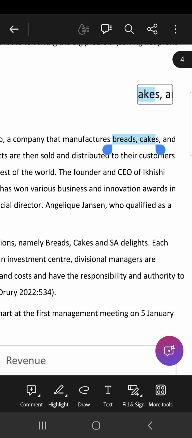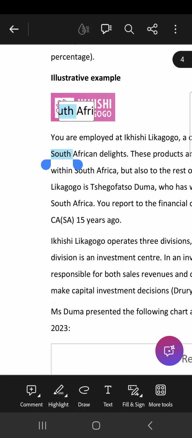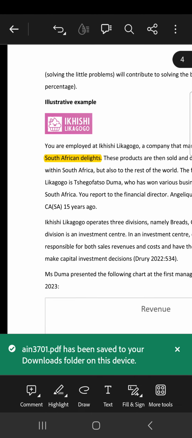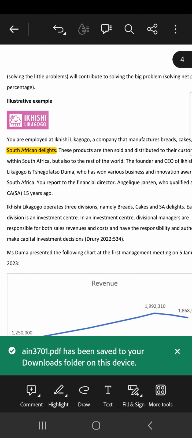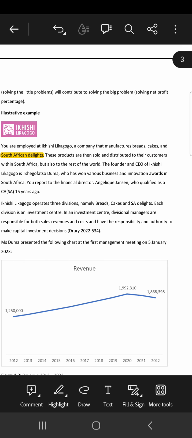This is something important. Bread, cakes, and South African delights, because it's giving me information as to what the company's operations are surrounding, right? Just highlight that again.